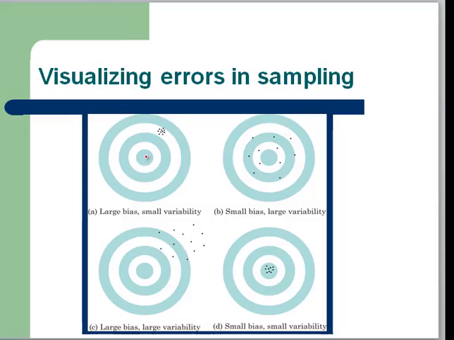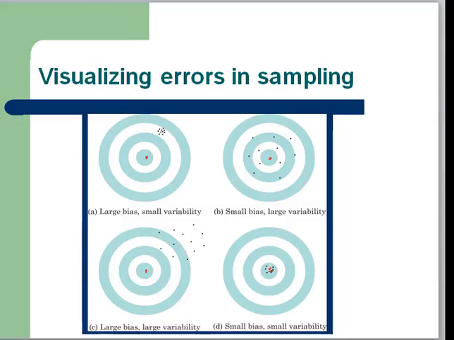It's right in the middle of that bullseye. So in each one of these cases, this is what I'm aiming for, that true population parameter. If it's a population proportion, that is the proportion of orange candies in all of the Reese's Pieces candy. So it's a little dot in the middle of each one of these bullseyes.